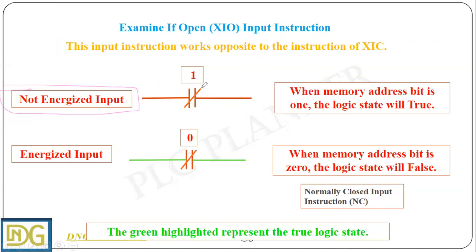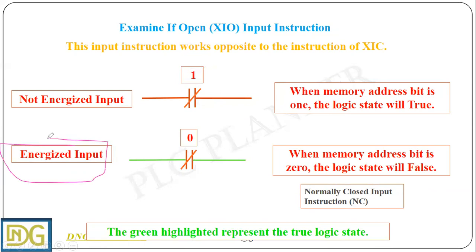When you are not pressing this symbol, it will show the turn on condition. It will show the one address bit in the memory. In the PLC memory, it will show the number one when you are not pressing this instruction.